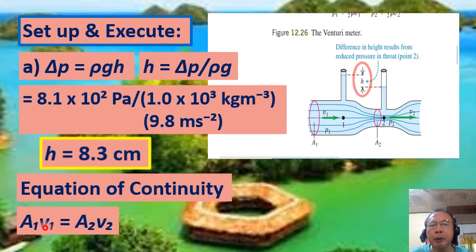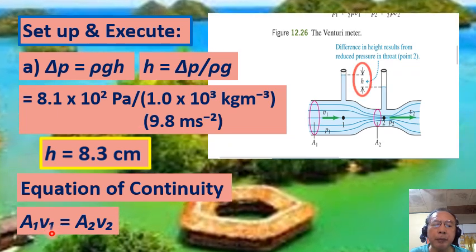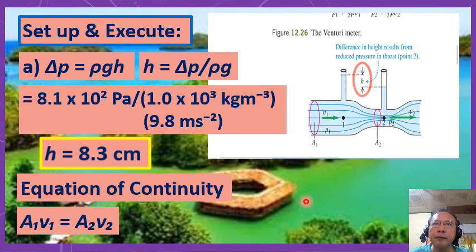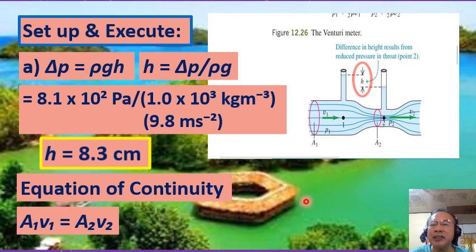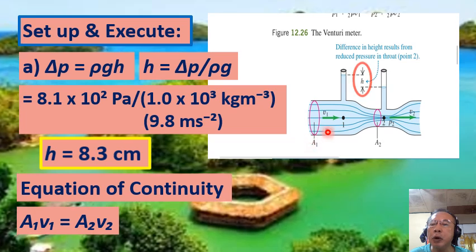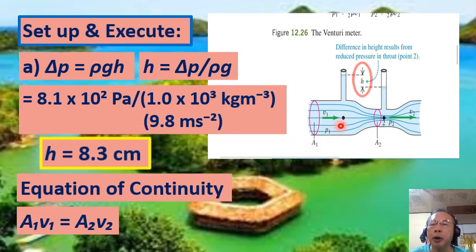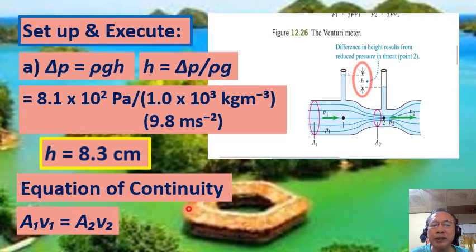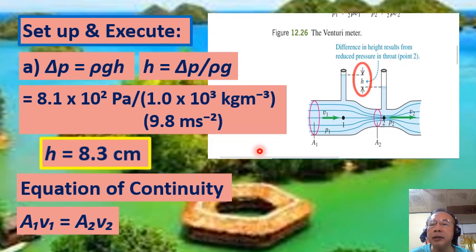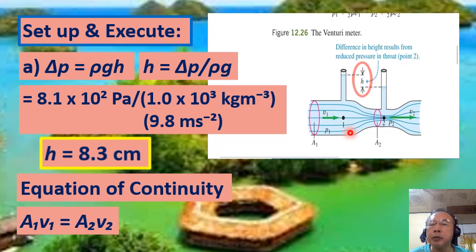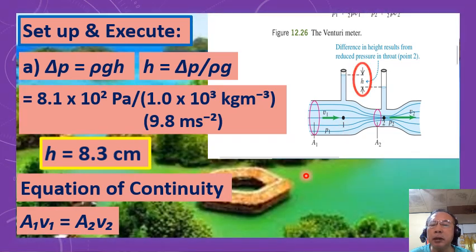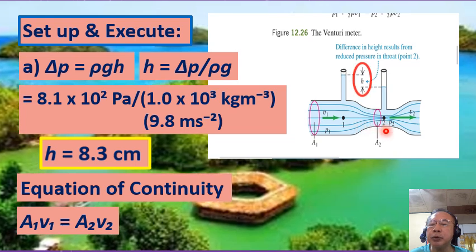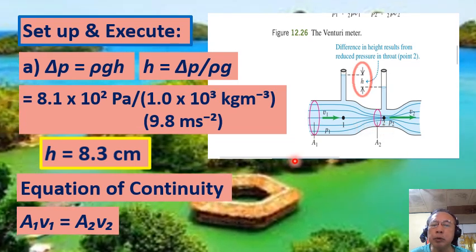And the product, A sub 1 multiplied by v sub 1, is of course what we call the volume flow rate, how fast the water flows as it passes point 1. And the equation of continuity simply means that the volume flow rate at point 1 is just equal to the volume flow rate when the liquid passes through point number 2.